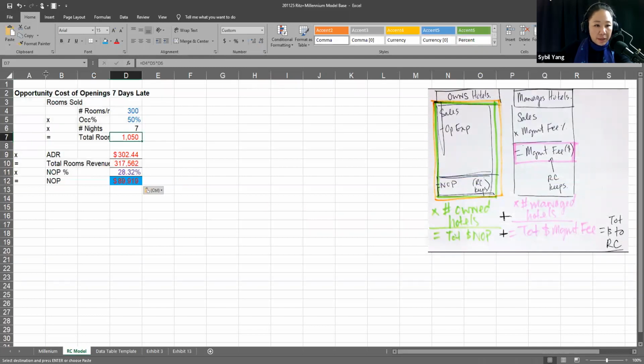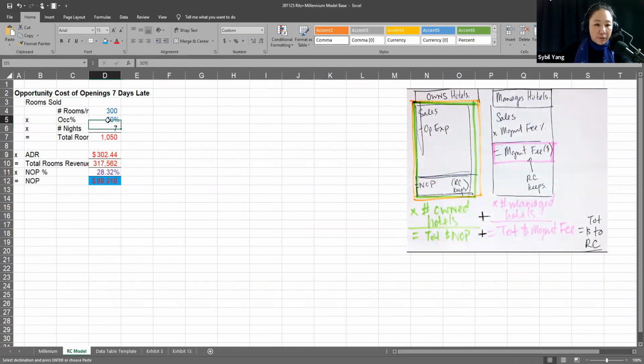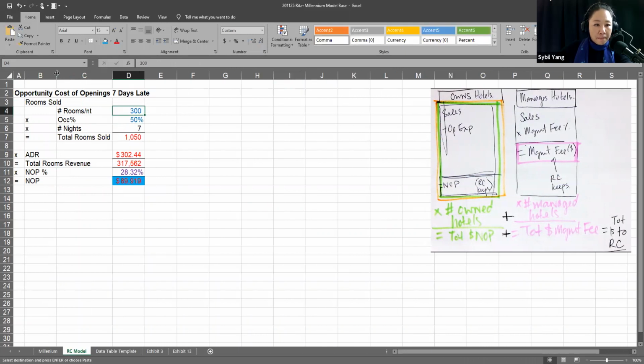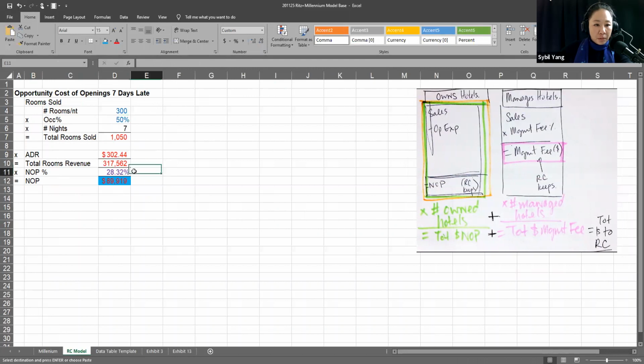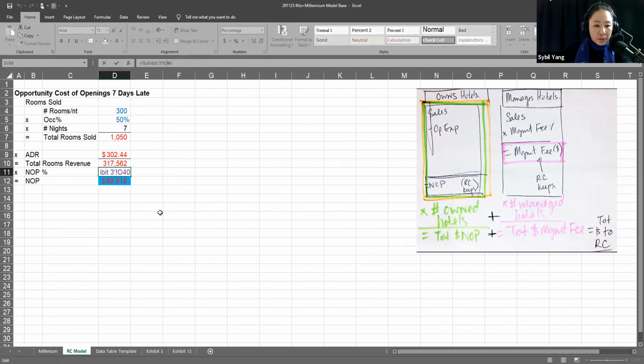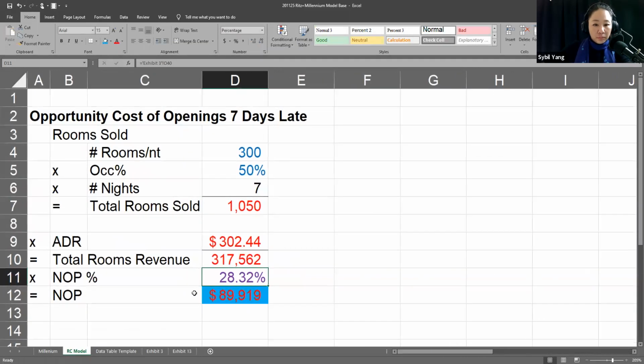Okay. And I'm going to do a little double checking to make sure that my references are correct. And that 28%, I'm going to zoom in. It's 28%. I'm going to make sure that this is an absolute reference, just in case.